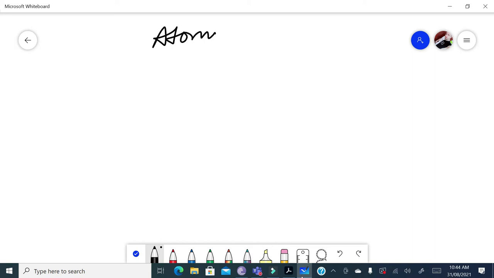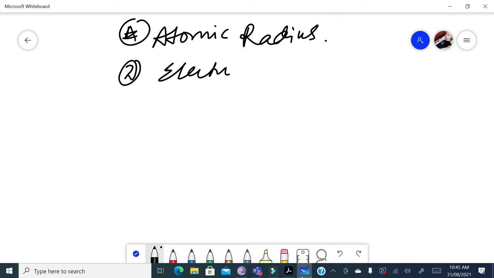Atomic radius. Okay, this is the first property. Second one, electronegativity.